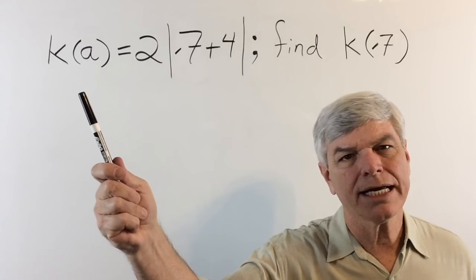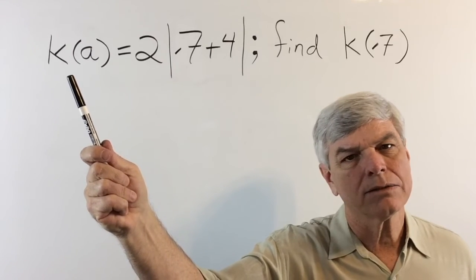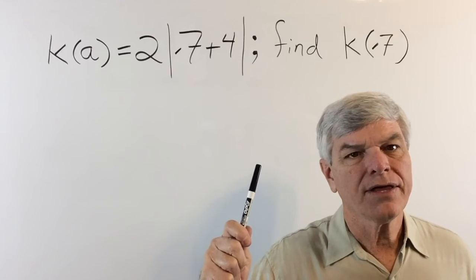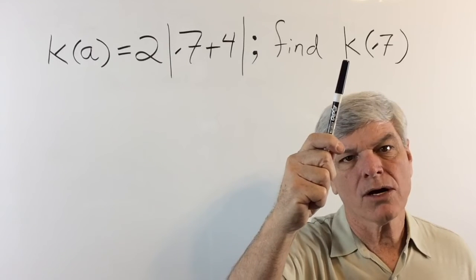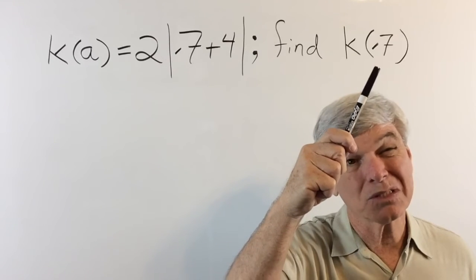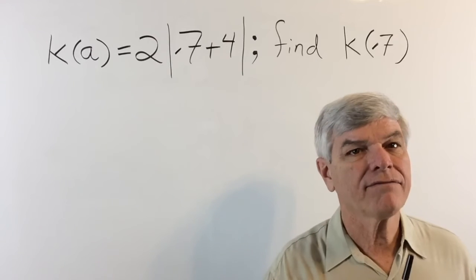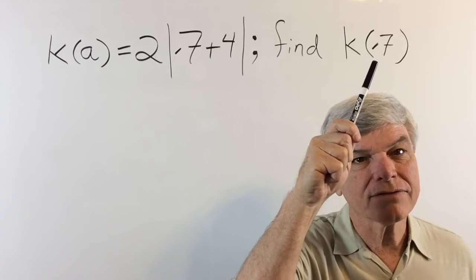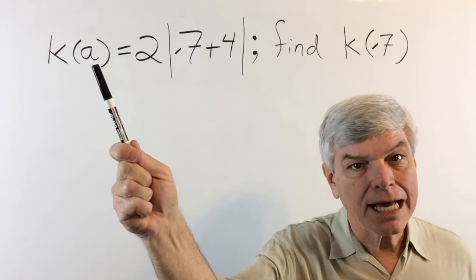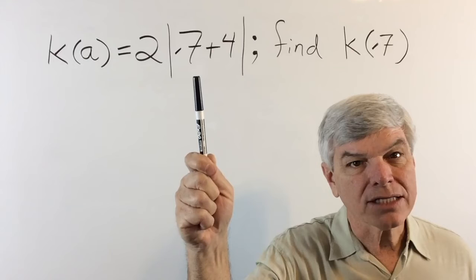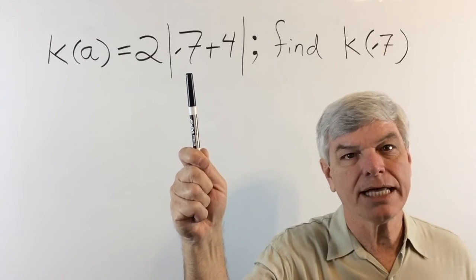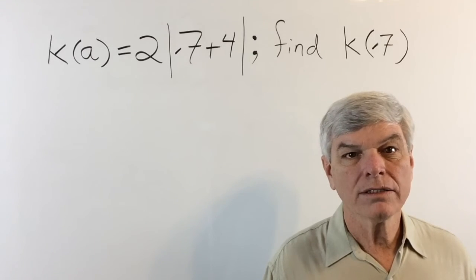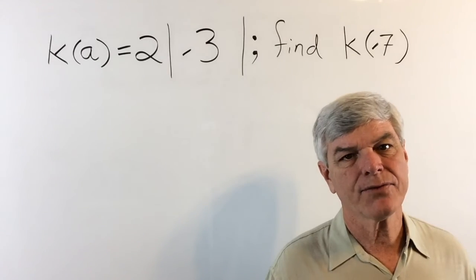Let's go over that again real quickly. We're looking for the function of a for the k function. So when a equals negative 7 in the k function, we're just going to substitute this negative 7 into a. That's where a was, and we've already substituted that in. Negative 7 plus 4 is negative 3.